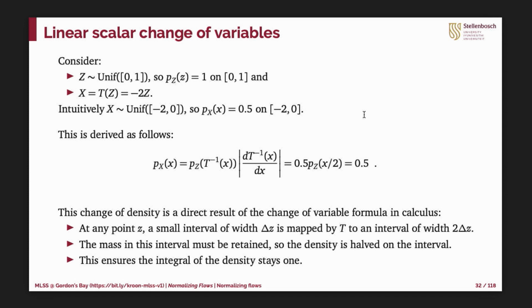So this says that if I picked a specific value, like a specific observation, minus 1.5, and I said the way I want to work out the density of that minus 1.5 is to apply the inverse transformation of multiplying by minus 2. So I divide by minus a half to get, I think, 3/4. Oh, my mathematician friend is just verifying, okay?